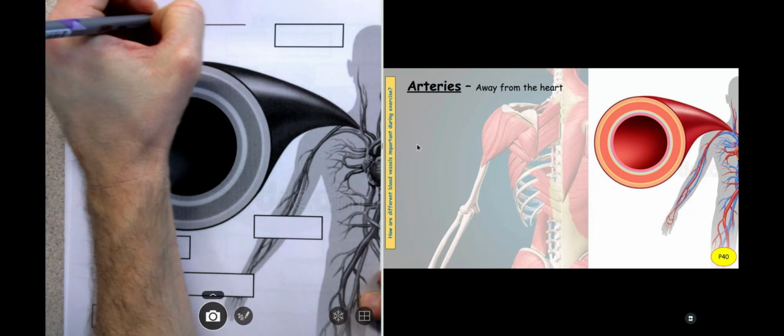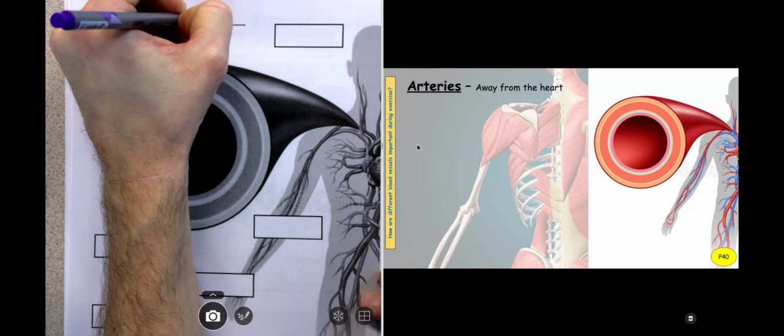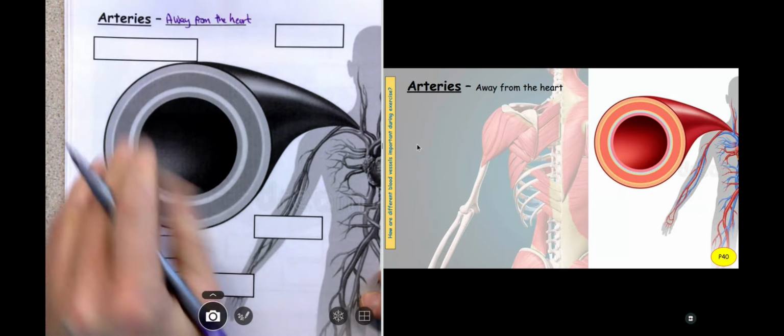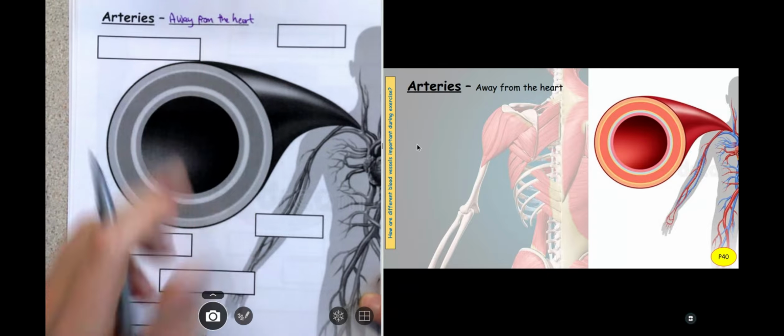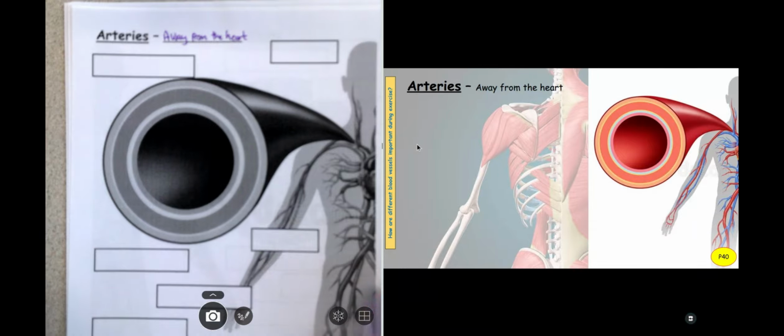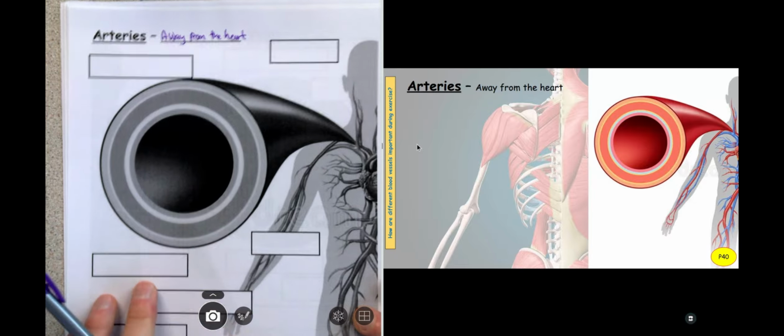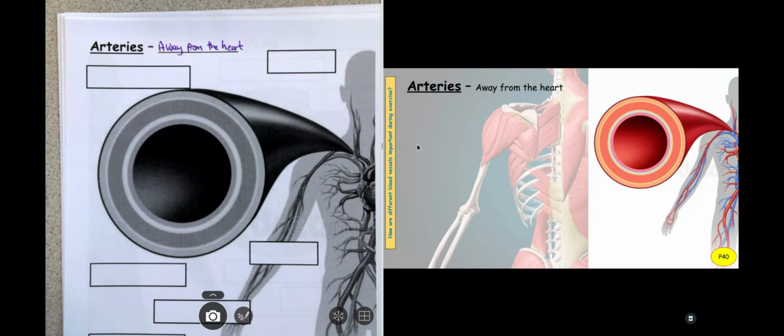So I'm just going to fill that out on that top line. A common misconception with arteries, or a function of arteries, is that they carry oxygenated blood, but that's not factually correct. So the main characteristic is that they take blood away from the heart. So arteries have thicker walls.